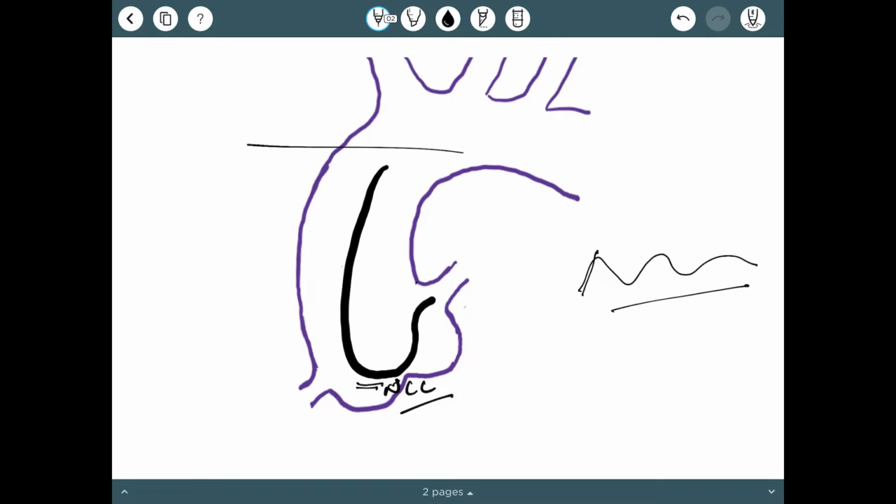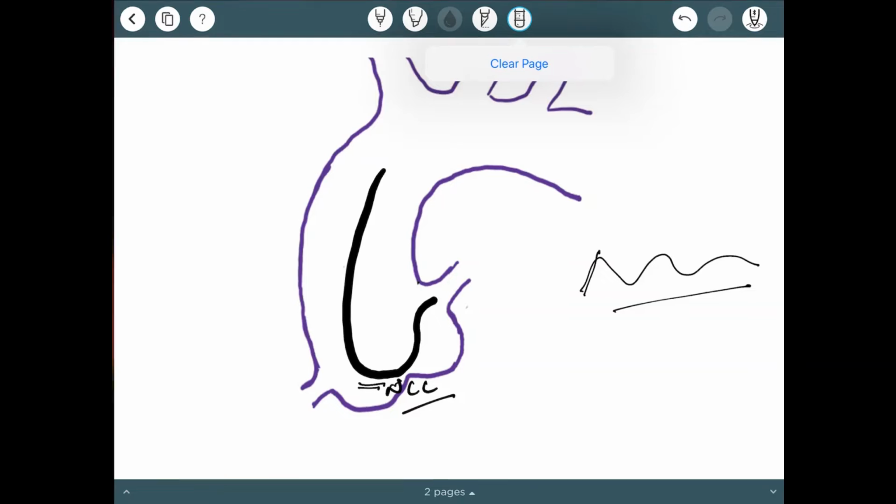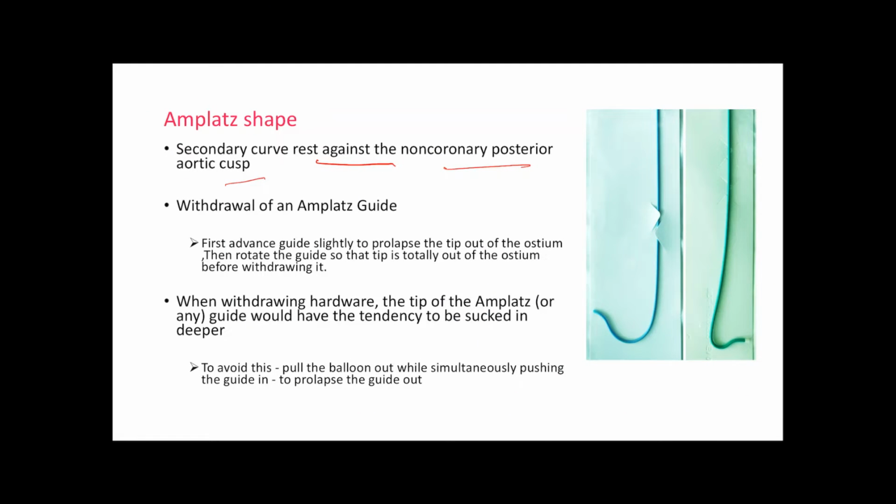But there is one important aspect here: handling this AL catheter really demands some expertise and some care.